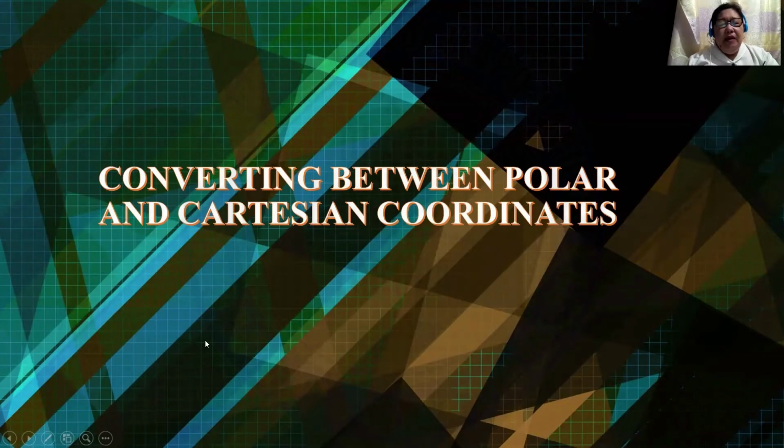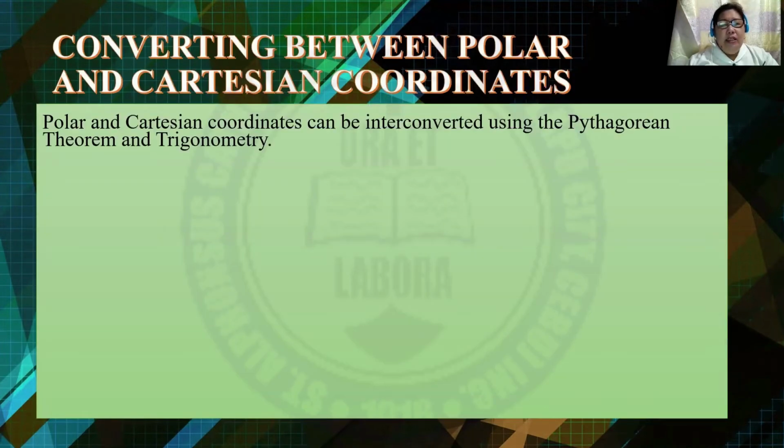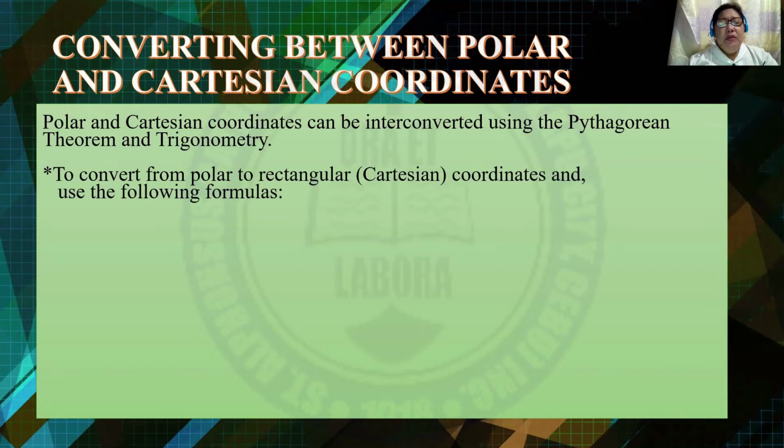Let us now have converting between polar coordinates and Cartesian coordinates. Polar and Cartesian coordinates can be interconverted using the Pythagorean theorem and trigonometry. To convert from polar to rectangular or Cartesian coordinates, we use the following formulas.